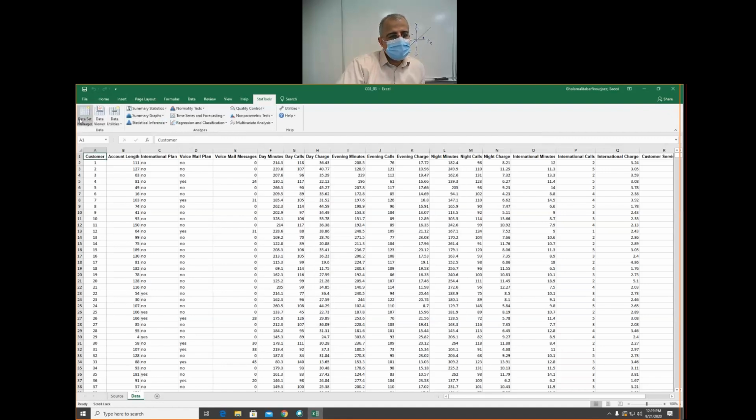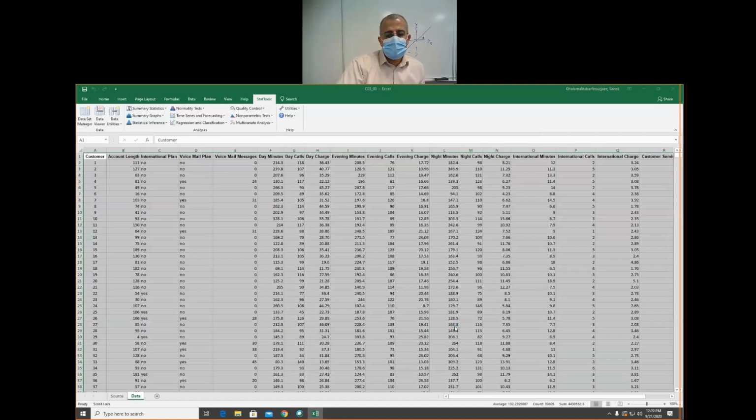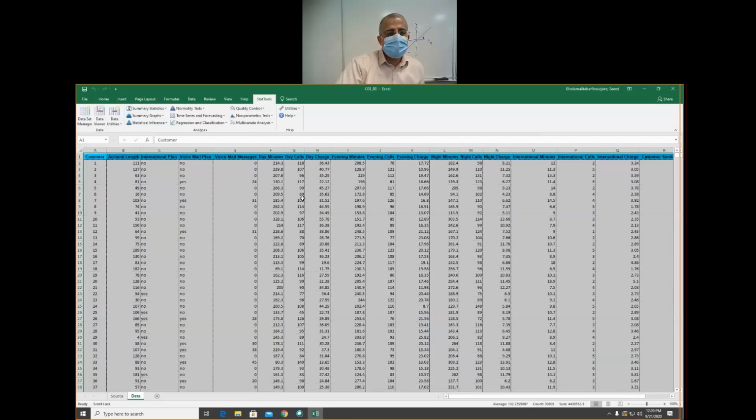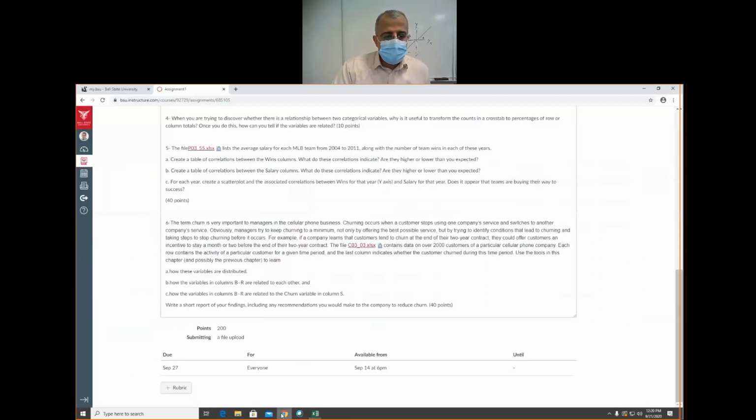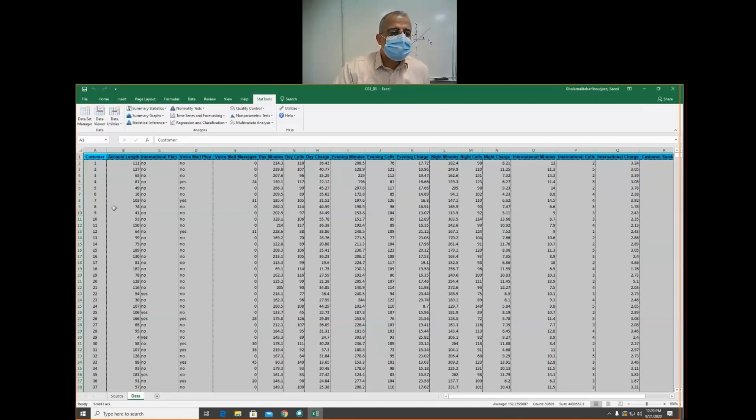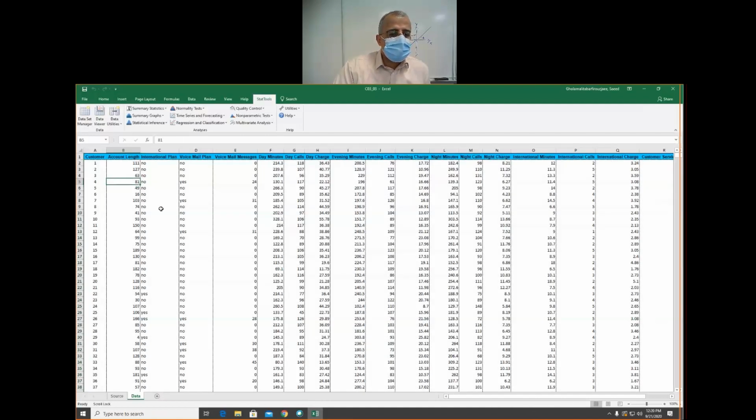Again, we need to define our data set, our data range. You need to click on Dataset Manager. Okay. This is going to be our data set. Now StatTools can identify every single variable in this data set. So for the first part, how these variables are distributed. First, we need to identify our numerical variables.